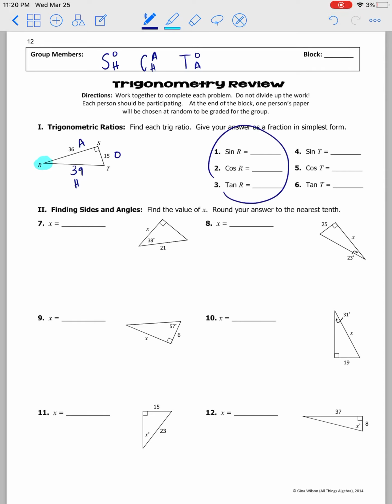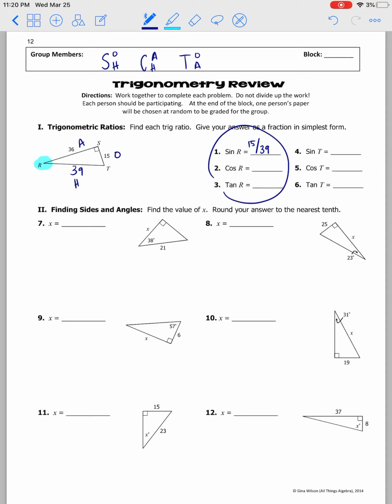So sine of R, that's opposite over hypotenuse. Opposite is 15, over hypotenuse is 39. Cosine is adjacent over hypotenuse. Adjacent is 36, hypotenuse is 39, but that actually can be simplified, and it should be. They're both divisible by 3, so I'm going to erase that and rewrite it.